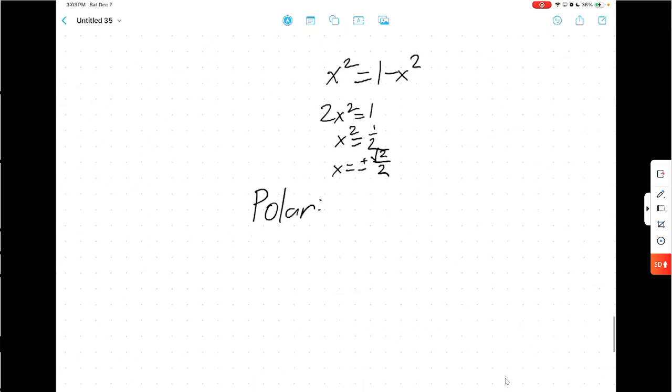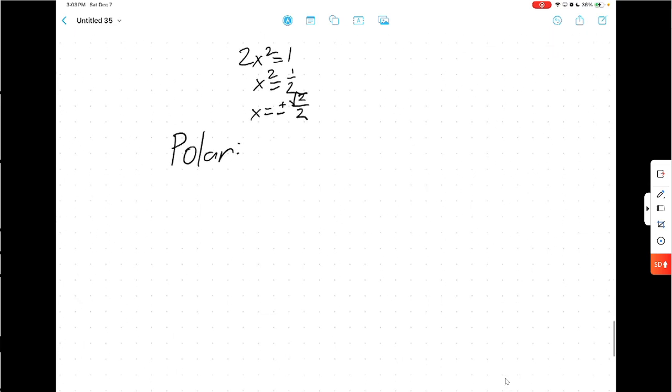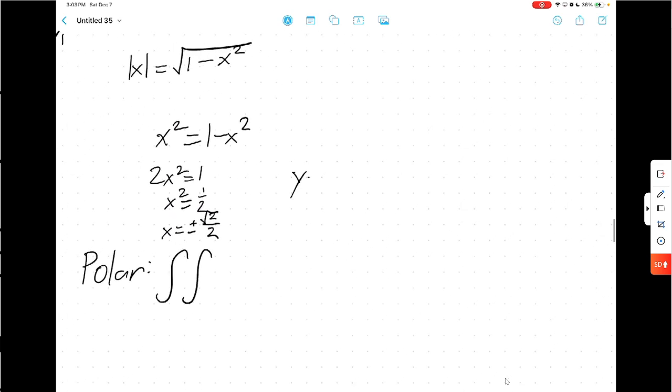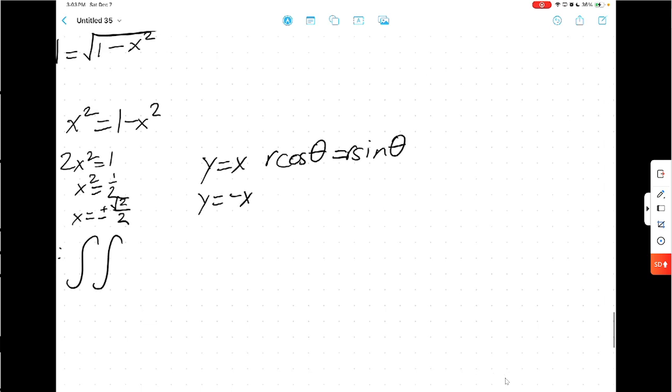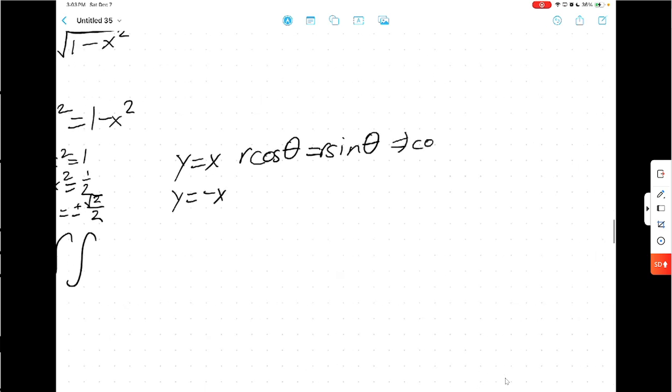All right, that's the actual integral. I think I'll just set it up in polar and just evaluate that one. Now, y equals x and y equals negative x are fairly simple here. You'll get r cosine theta is equal to r sine theta for the first one, which just becomes cosine theta equals sine theta.